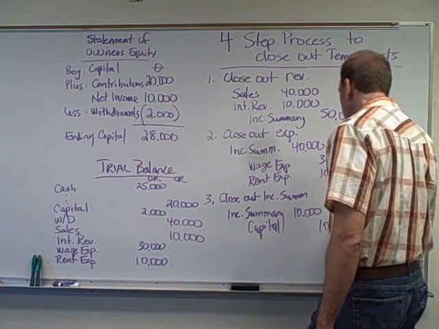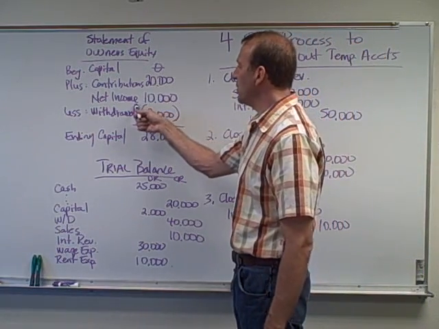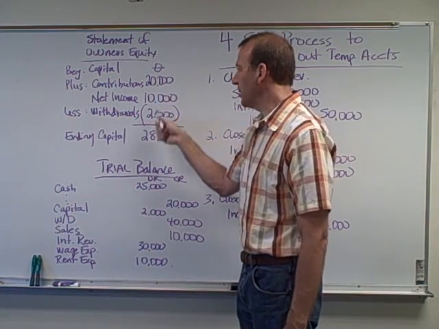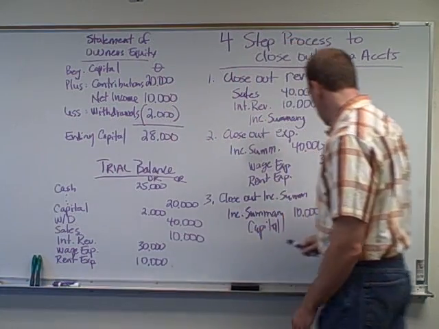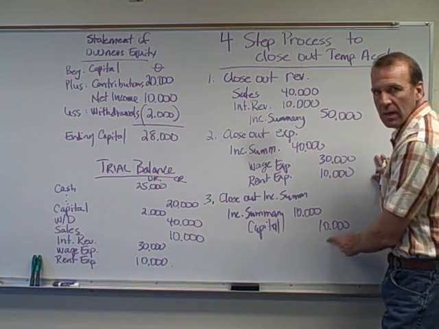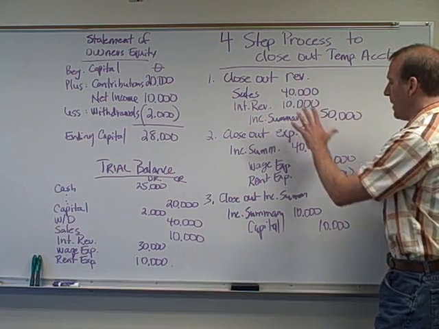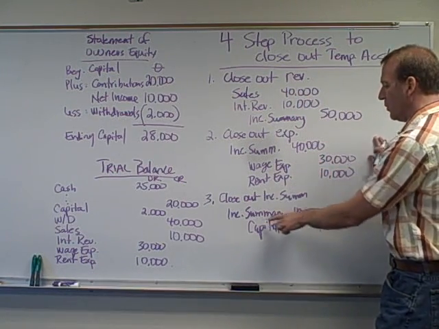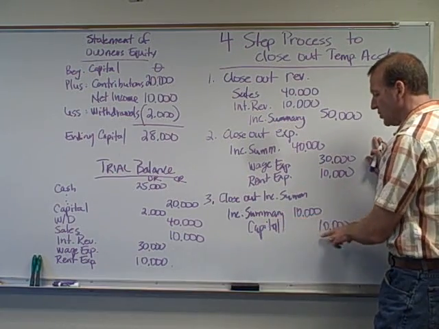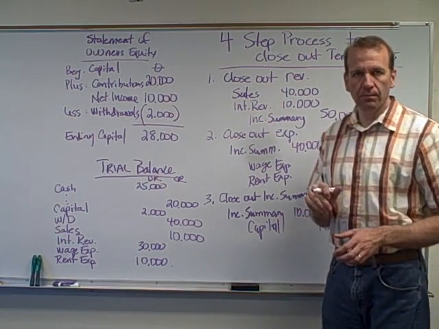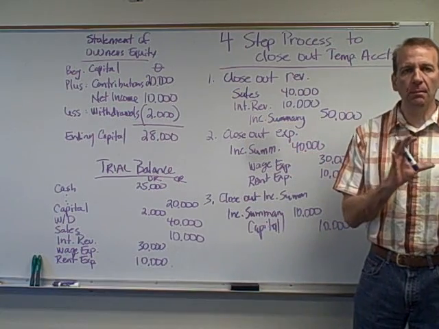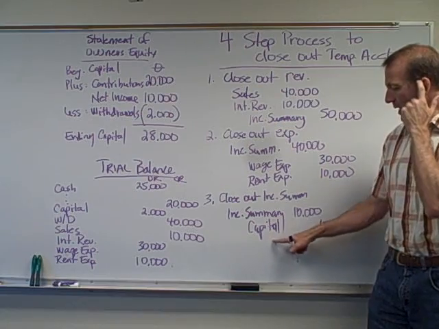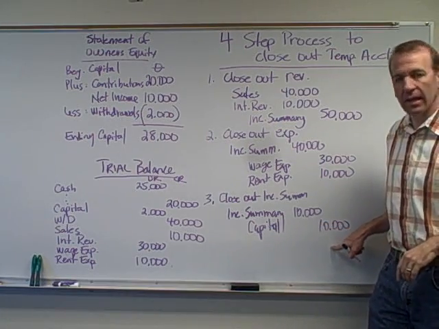Now notice, we're giving the 10,000 to the owners, to the capital account. We're adding in that 10,000. It's our revenue minus our expenses. When we close out that income summary, it goes into the capital account. So now we put the net income into the capital account because we closed it out to capital, and we increased capital by crediting it.